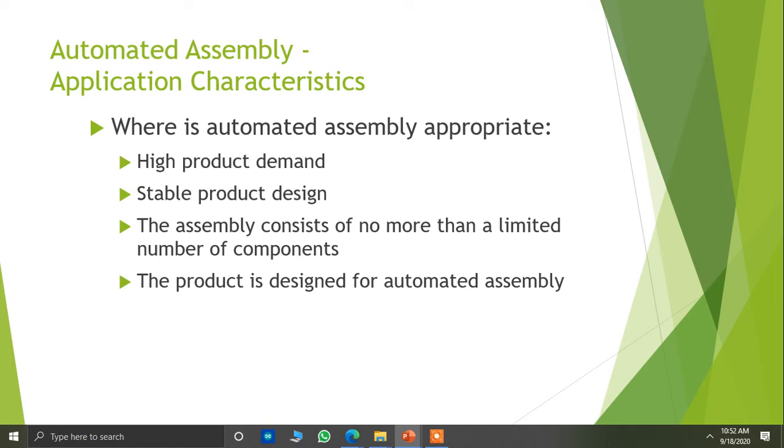So like chargers, the design keeps changing, right? Which charger? The phone charger? Okay, but it can be automated. All the PCBs in that can be automated. I am talking about products which have high demand and stable production, but you cannot automate them because they have to be made manually.